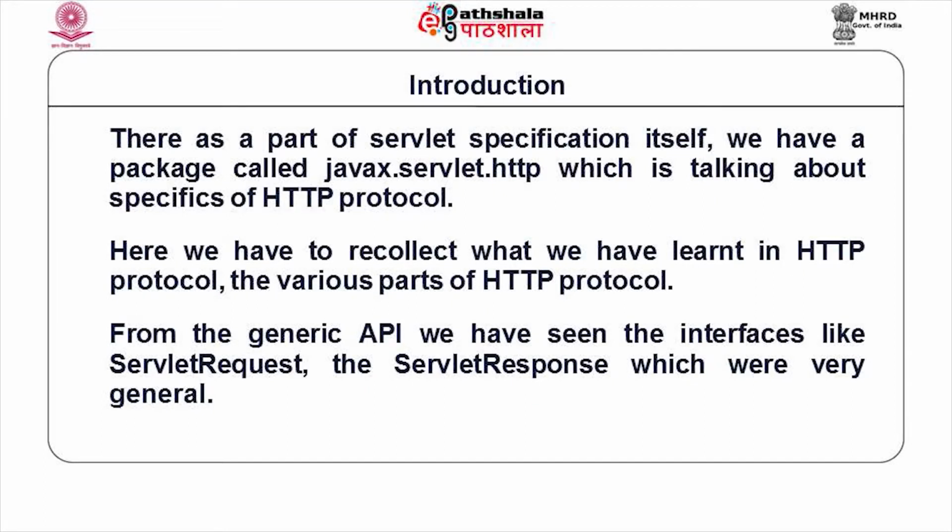So, here we may have to recollect what we have done in the HTTP protocol, the various parts of the HTTP protocol. From the generic API, we have seen the interfaces ServletRequest and ServletResponse, which were very general. There was nothing specific about the HTTP protocol there.